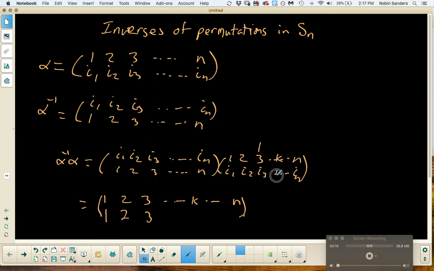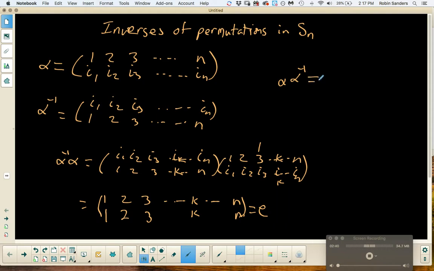K will go to Ik, and Ik will go back to k, so k will go to k, and then finally n goes to In, and In goes to n, so we wind up with the identity permutation.